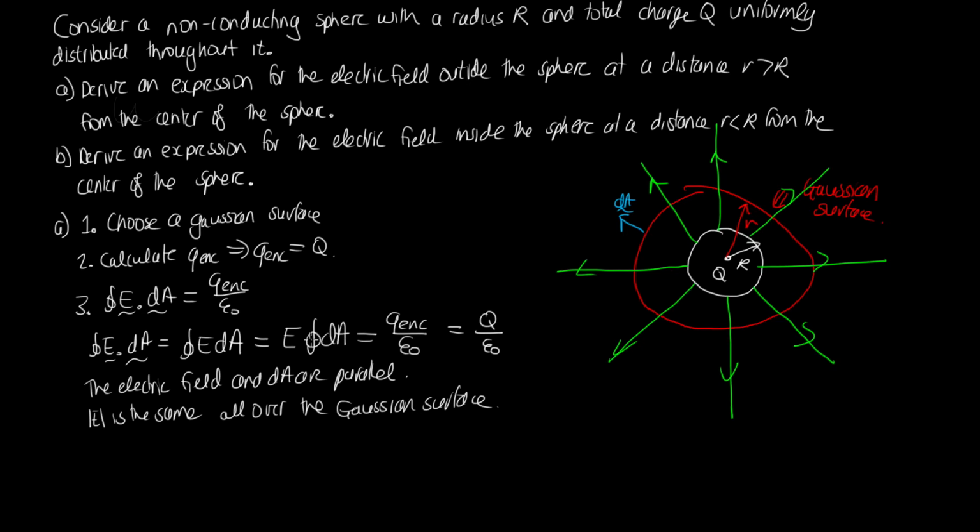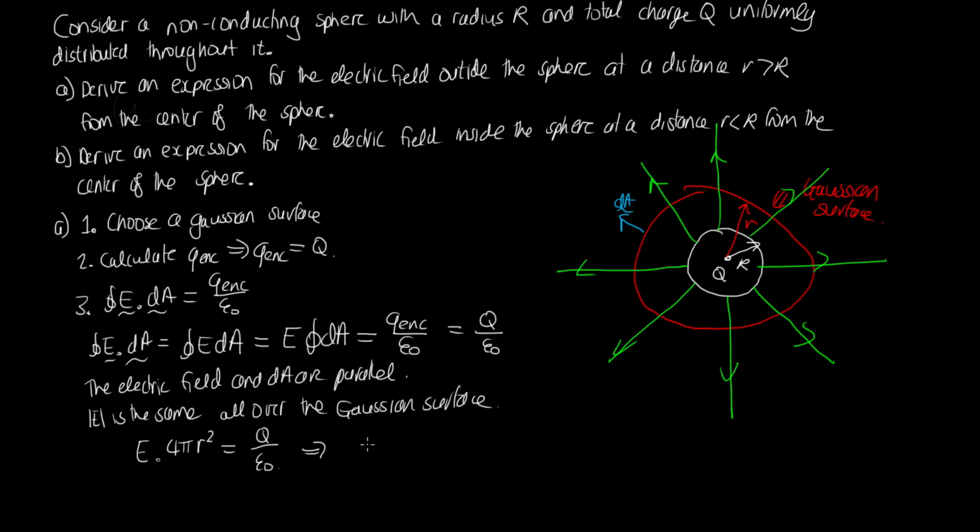The circle, remember, just shows that it's a closed surface. So if we sum up the dAs of each of the little increments over this surface, we're just going to end up with the surface area of the sphere. So we can write this as E times the surface area of a sphere, which is 4 pi r squared, because it's the Gaussian surface, so at radius little r, and that is equal to Q over epsilon naught.